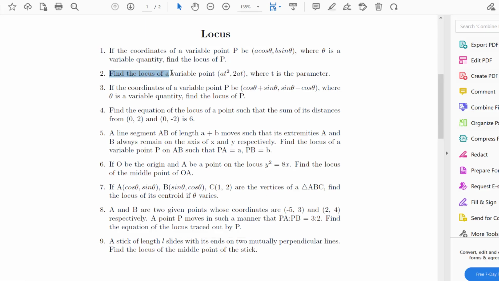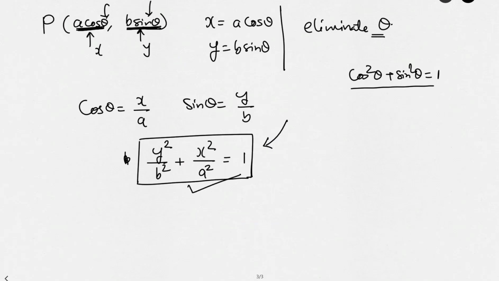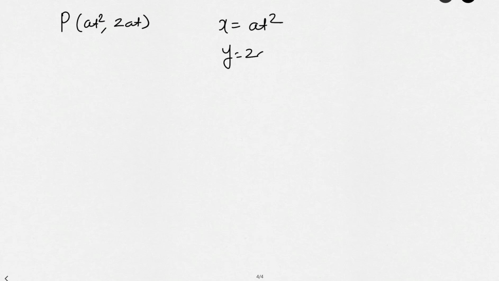Second question is, find the locus of a variable point (at square, 2at) where t is a parameter. So again, elimination problem. You have to eliminate t from x and y. So the moving point P is (at square, 2at). So x is at square, y is 2at.